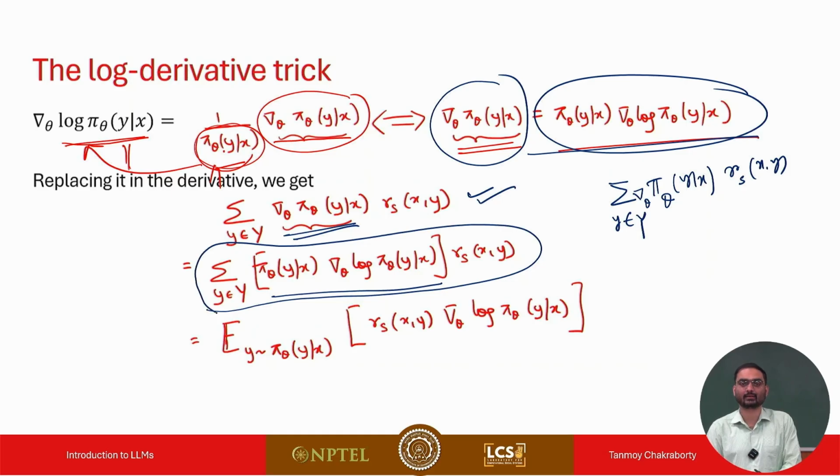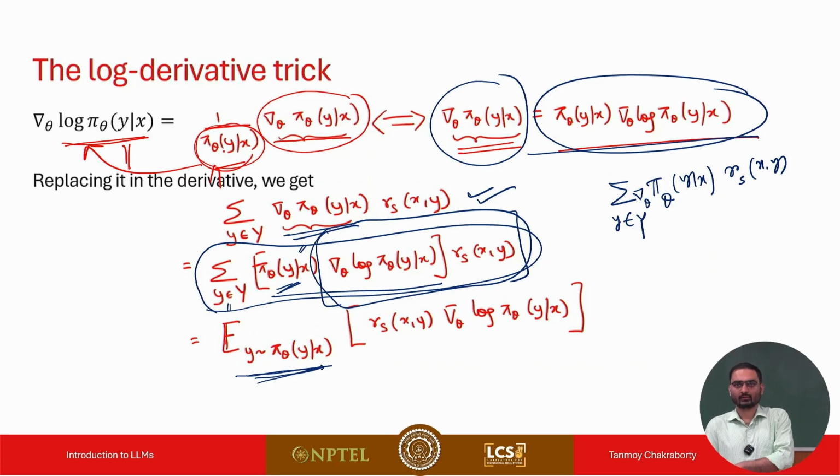this is actually an expectation, right. This is probability, this is sample, expectation. So what is this expectation? If you keep this part separate and only focus on this, this is nothing but an expectation, and you can write it this way: the expectation of this.